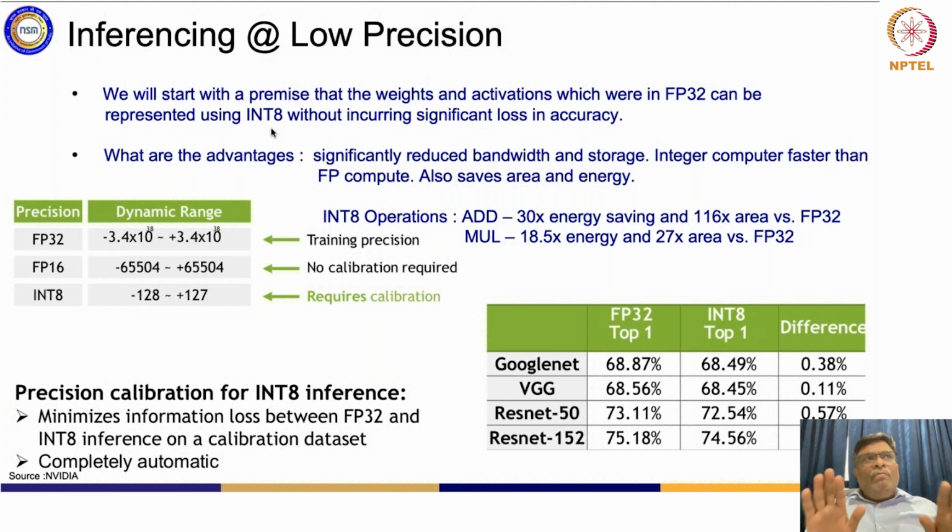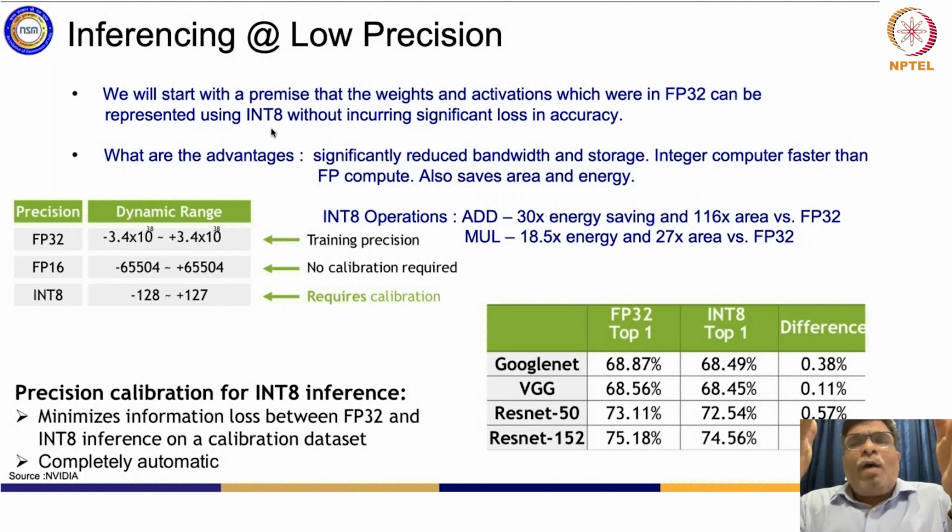This is a well-known fact which people have been trying since long, and it is possible to achieve this. So assuming that when we convert our weights and activations from FP32 to int 8, we don't incur significant loss in accuracy.